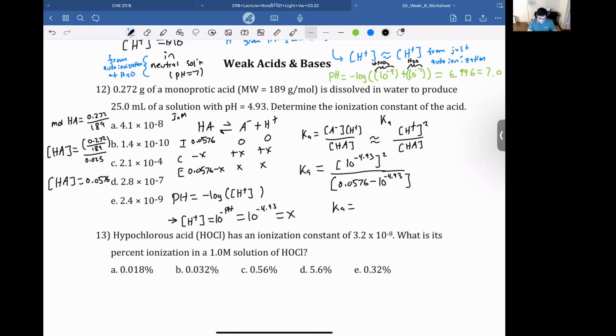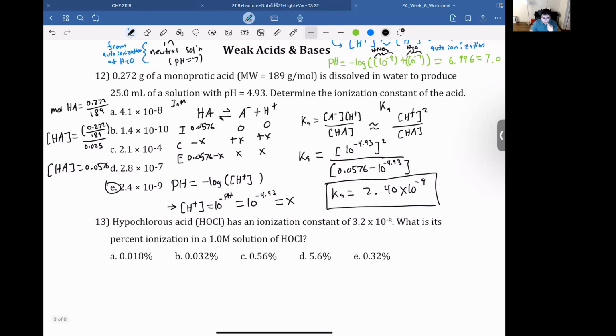And we get a very small number. 2.340 times 10 to the negative ninth. So the answer is E. That's how you do that, right? Start out with what you need to find. So Ka, write your expression for Ka, and then figure out where you can get those quantities from.